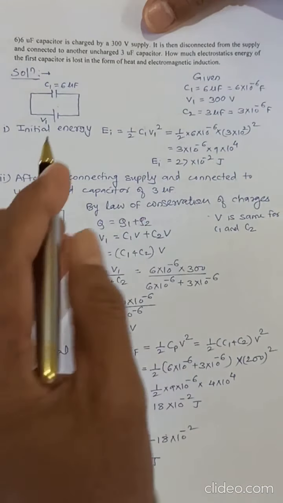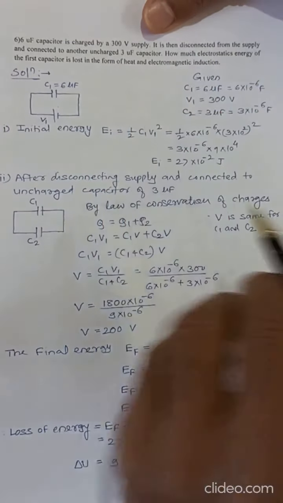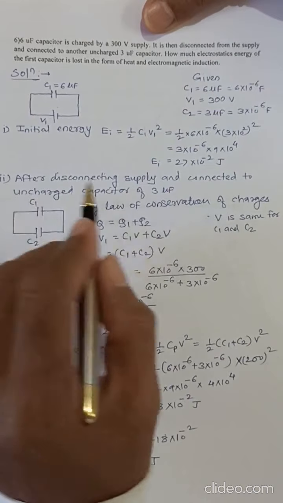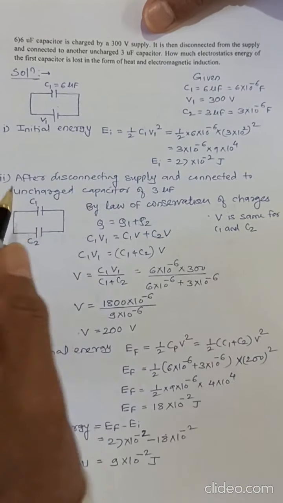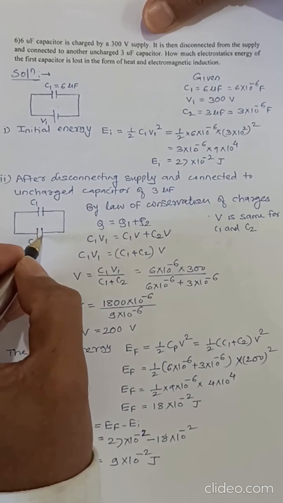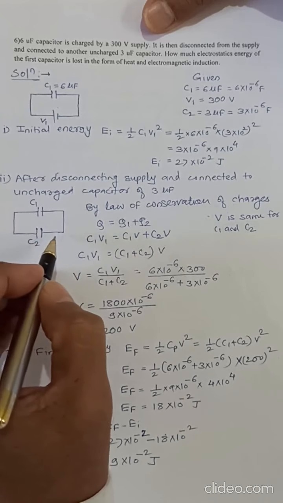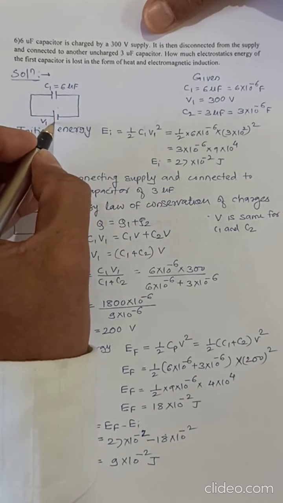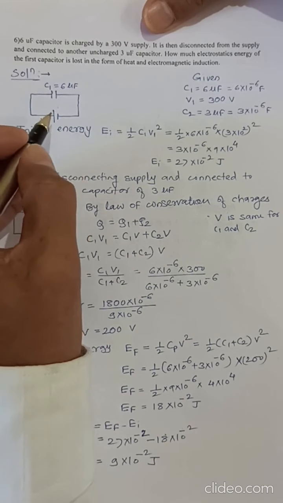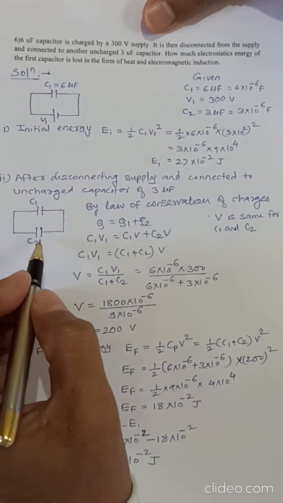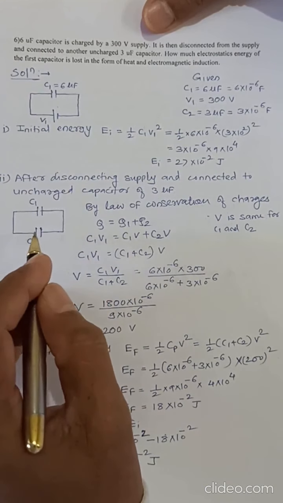Now second condition. After disconnecting the supply and connecting to an uncharged capacitor of 3 microfarad, this is C1 and this is C2. Both are connected in parallel because this part of the figure, that is the supply, is disconnected. So two condensers are in parallel now.